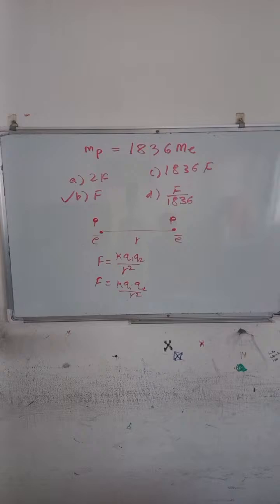If each is given an additional charge of -6 microcoulomb, the new force is: first option 6 Newton, second 6.5, third is 5 Newton, and last is 7 Newton.